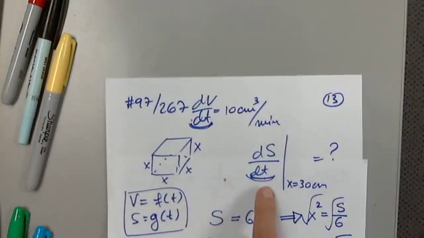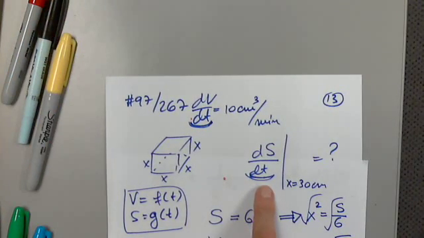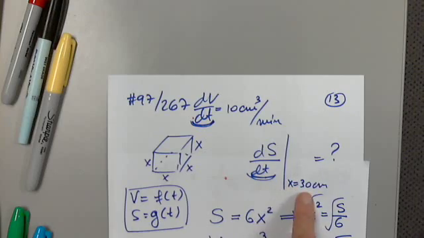I need to solve for ds over dt, and then I will determine the surface area when x is 30.